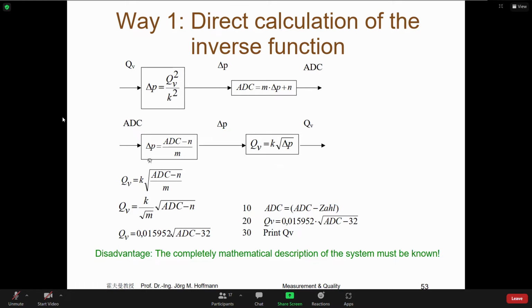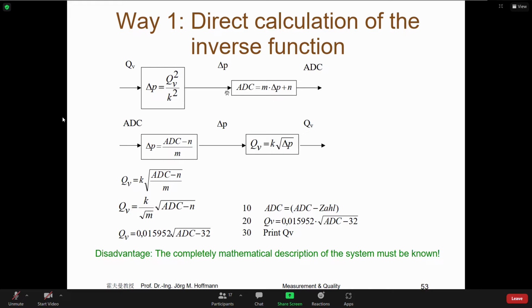That means you go with the ADC number into the computer, and you have to calculate from the ADC number the delta of the pressure.